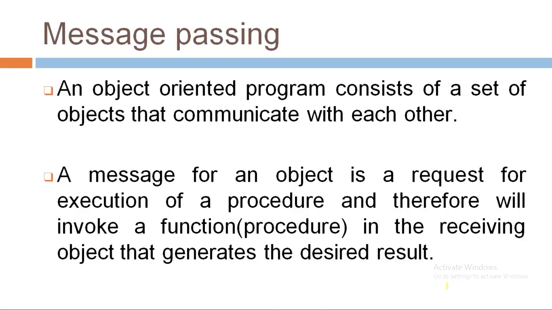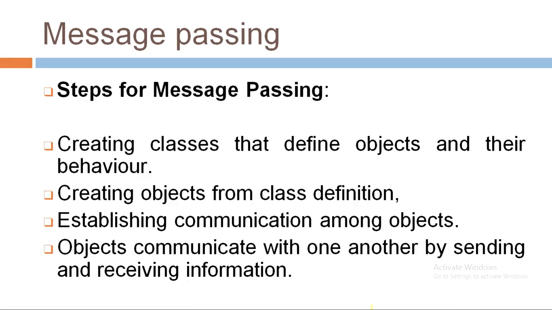It is associated with polymorphism and inheritance. The next one is message passing. Message passing means the communication between objects. An object-oriented program consists of a set of objects that communicate with each other. A message for an object is a request for execution of a procedure, and therefore it will invoke a function or procedure in the receiving object that generates the desired result.